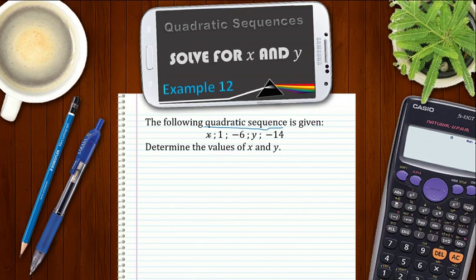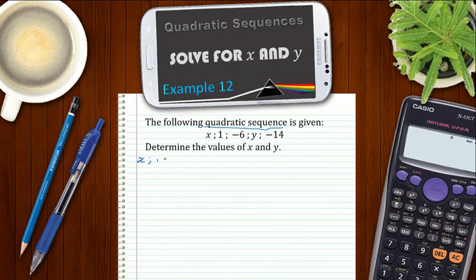And here we see that two of these terms are variables that we need to solve, and what we can do is to find the first differences and then the second differences in terms of x and y, and then see if there's anything we can use, like the second differences that are equal, to set up an equation to solve.